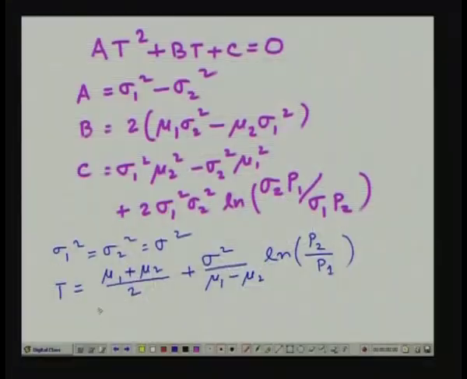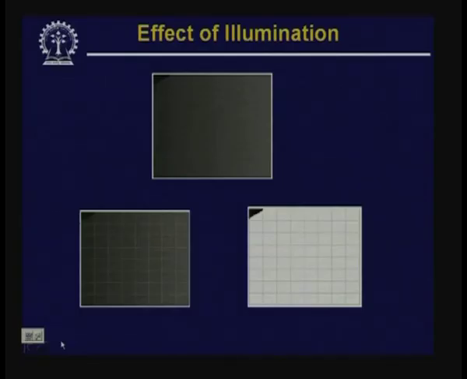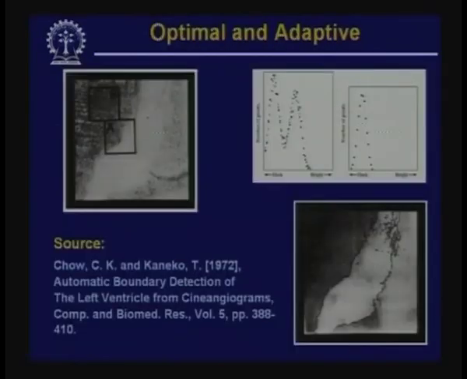Now, let us see an example of why this optimal thresholding can give us good results. Let us take a very complicated case like this. This is cardiogram angiography, in which the purpose is to detect the ventricle boundaries.